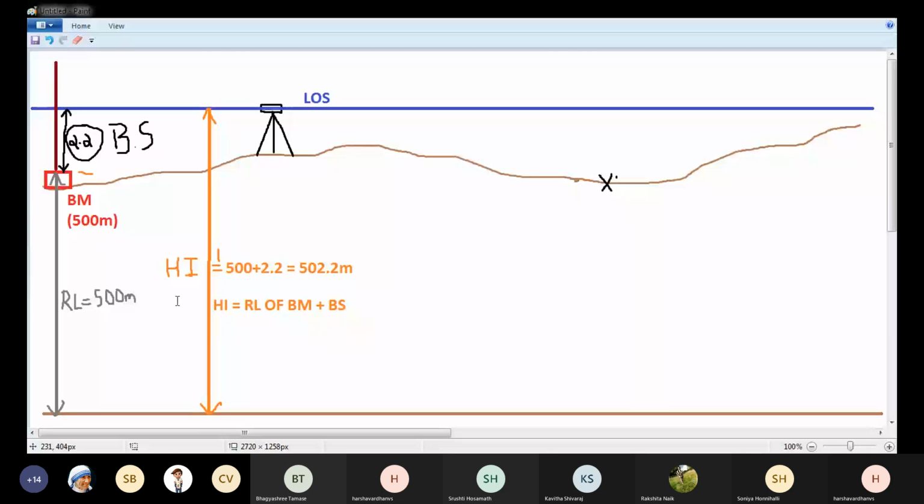Next, after calculating the height of the instrument, you can calculate the elevation of any point.